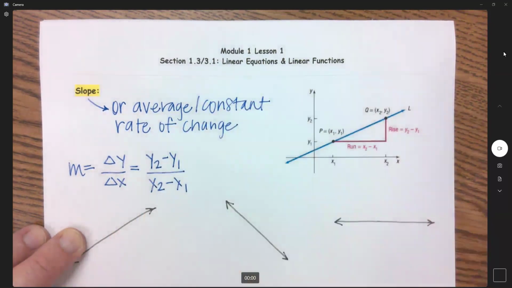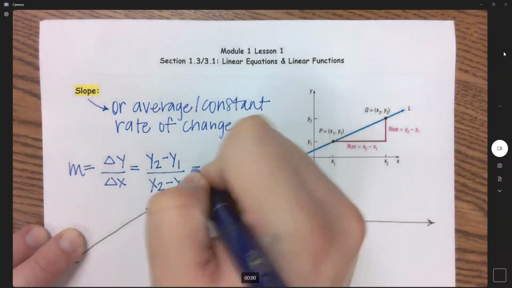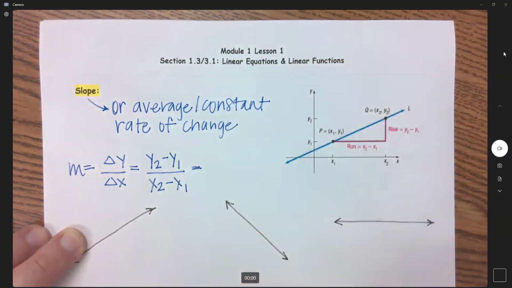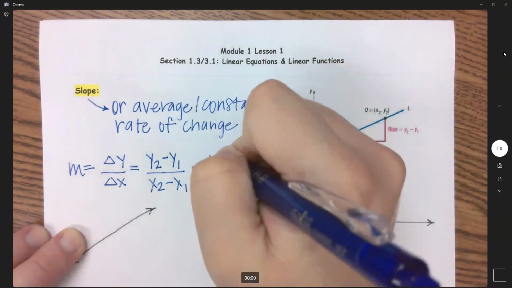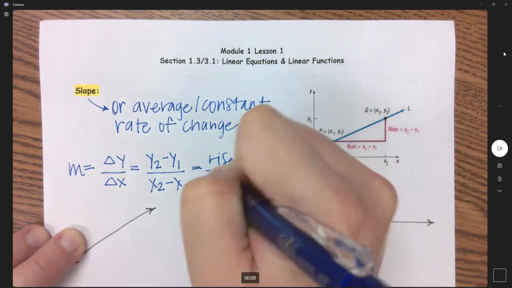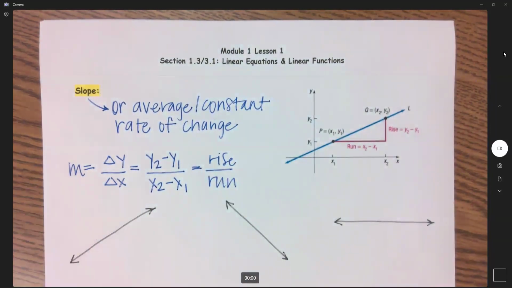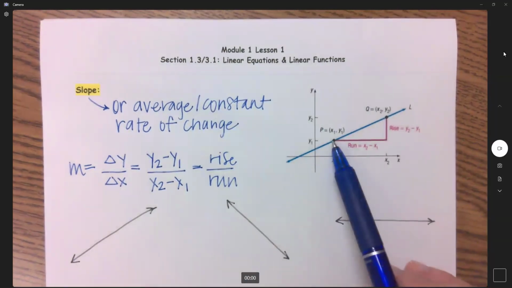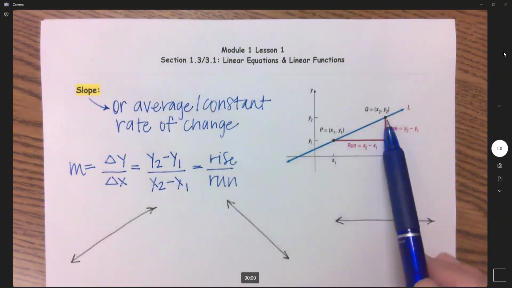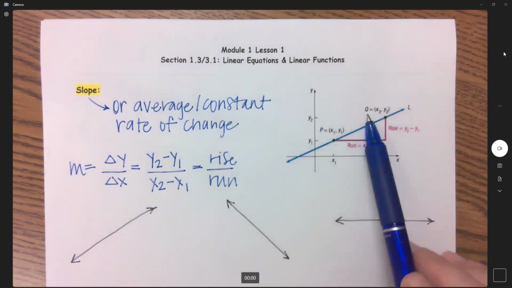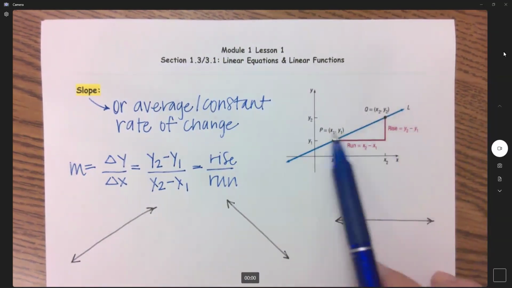over our change in x, x2 minus x1. Now, when I am graphing or finding the slope from a graph, we will use rise over run. But these all refer to the exact same thing, right? If I have my point 1 to my point 2, which they call P and Q, they do the rise and run under.